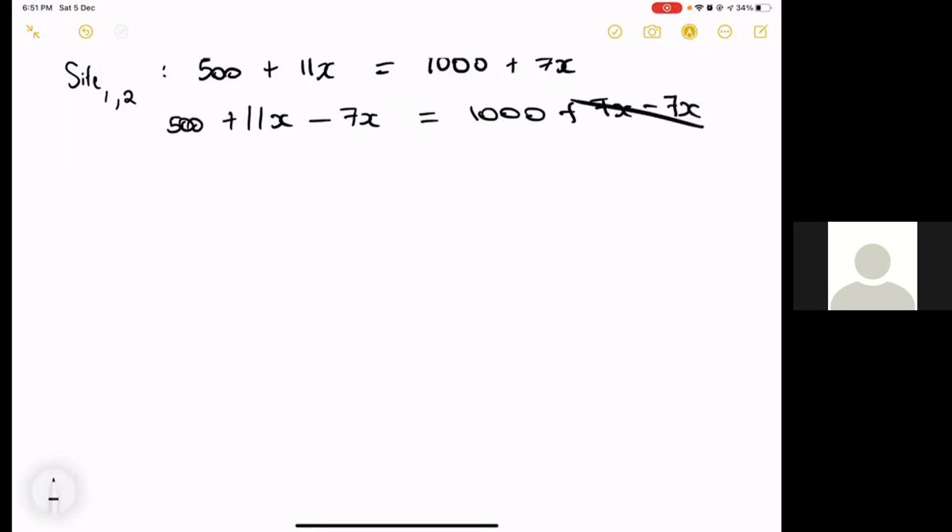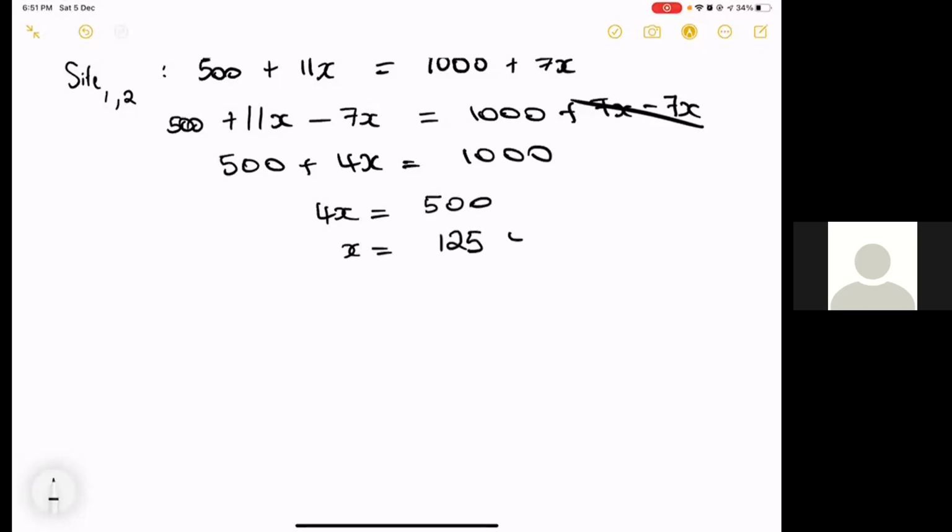We know that this cancels, so 11 minus 7 is 4x, which is equal to 1,000 minus 500. I'm not going to do the same thing for this, I guess you all should follow. So x is equal to 125 units.